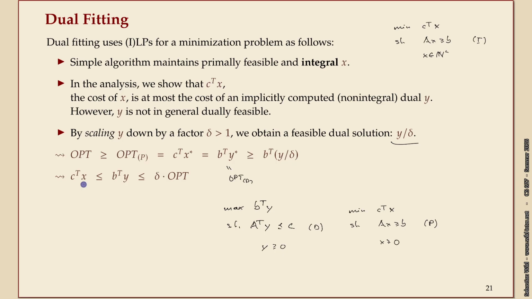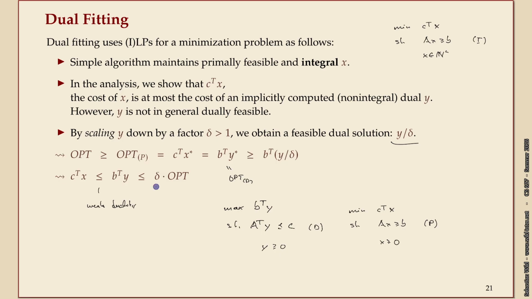So if you rewrite this for your concrete solution, it's going to be still less than that's weak duality here. And here you get this b transpose y. If you pull delta to the other side, you get that this is at most delta times the optimal objective value. So you get an upper bound for how bad your cost for this algorithm will be.